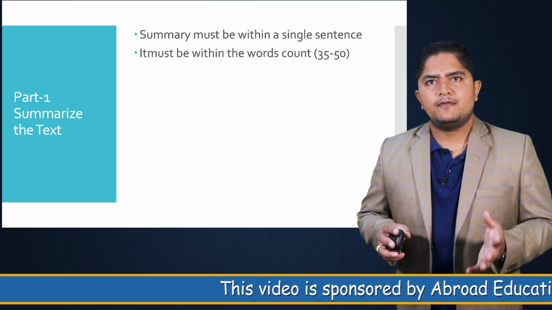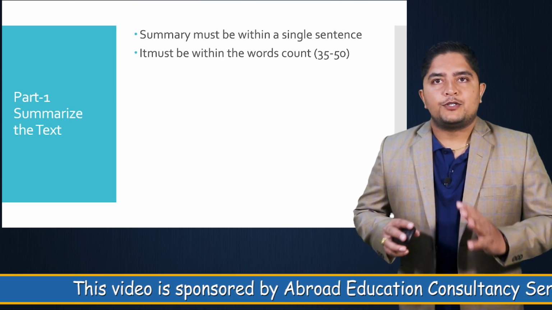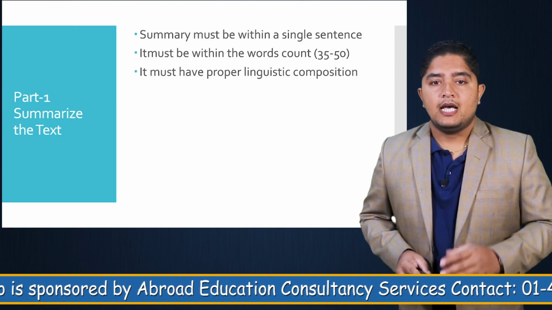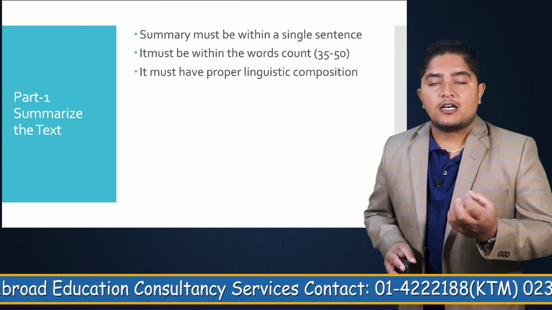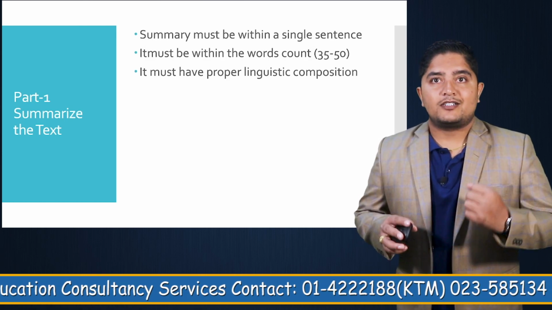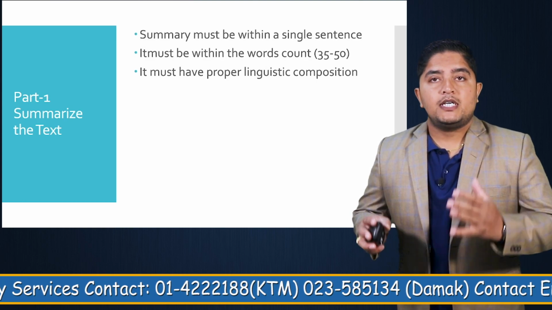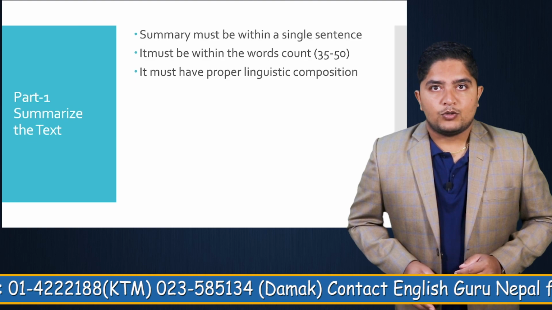It must be around 35 to 50 words, which is sufficient for you to complete your answer, meaning maximum 50 words. Next, obviously we have to follow proper linguistic composition, meaning grammatical composition. You're not supposed to write anything you like. There must be a very proper linguistic and grammatical composition.